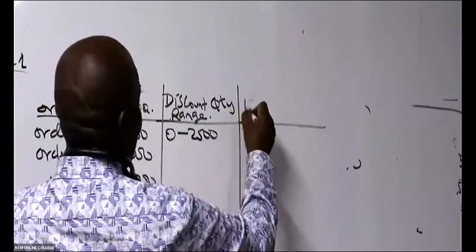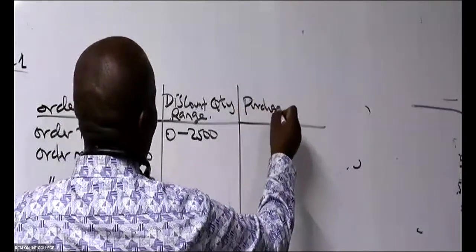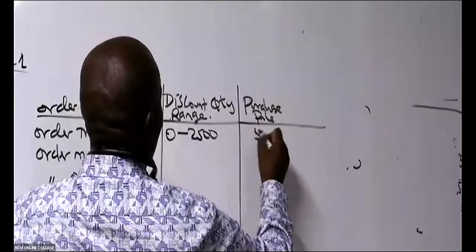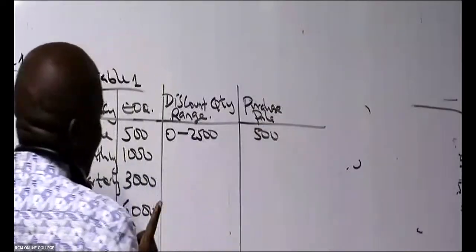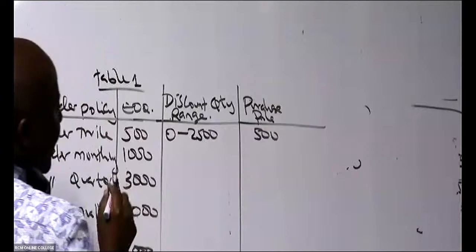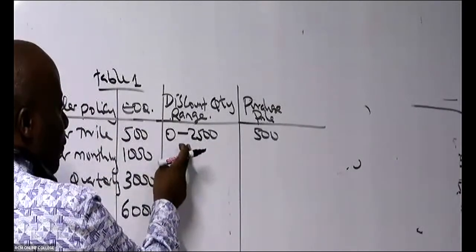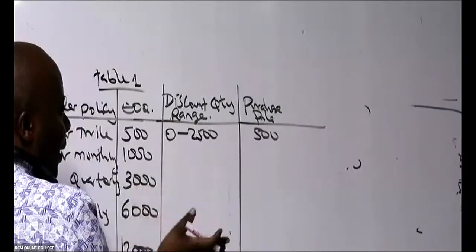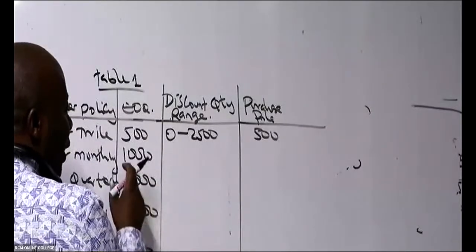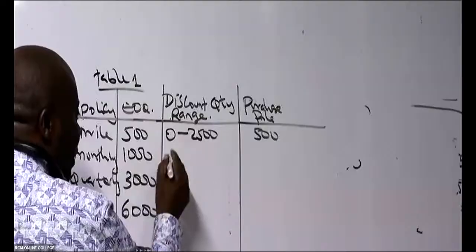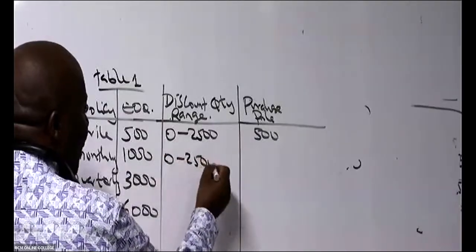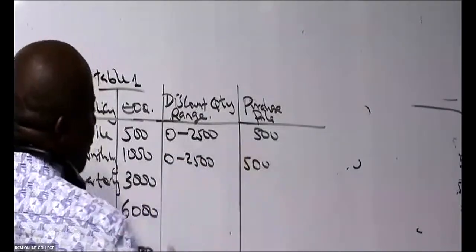So you'll be able to give me the purchase price. The first one is 500 because you can see in this particular case, ladies and gentlemen, 500 falls here. So the purchase price will be 500. How about 1,000? 1,000 also falls here. So the applicable price will be Kenya shillings 500 per unit.